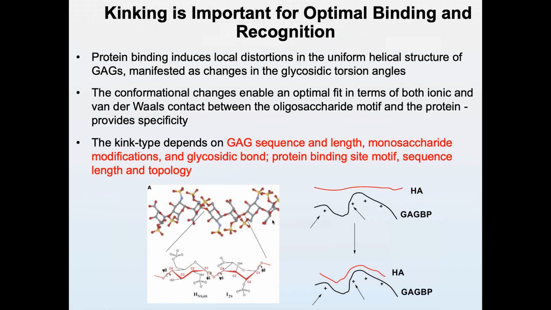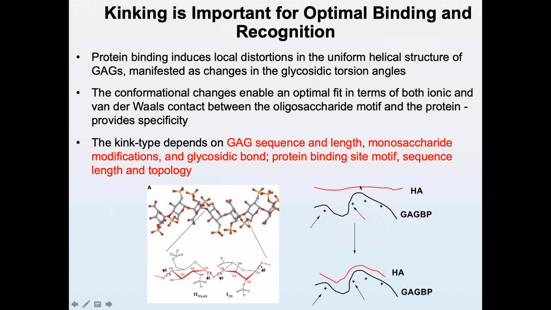So why is kinking very important in GAG recognition of these proteins? Let's take, for instance, heparin and a GAG binding protein. You have the GAG coming in to bind to this protein. Normally, the binding sites of these GAG binding proteins are characterized by loops and a very shallow binding cavity.